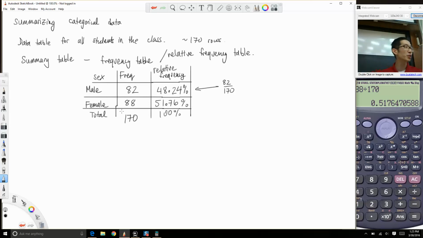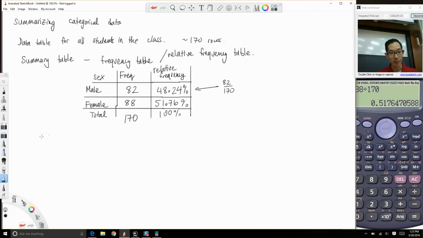Just a quick check. What kind of variable are we summarizing with this table? Categorical variable. Even though we've got numbers like 82 and 88 or percentages, the underlying data in the table is a categorical variable.